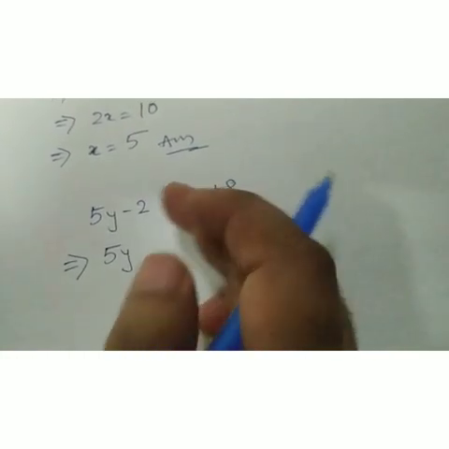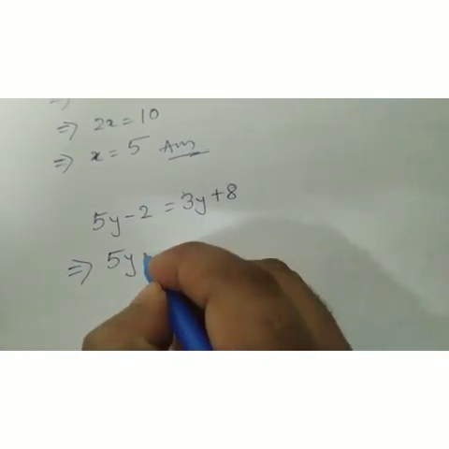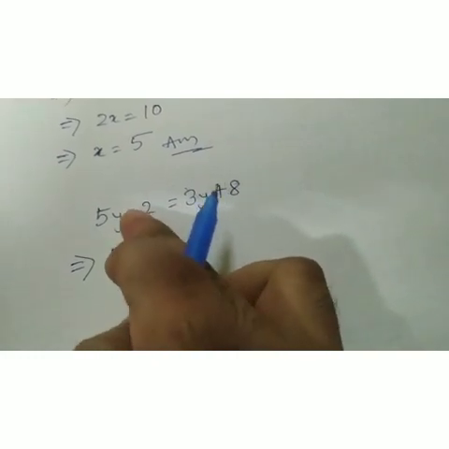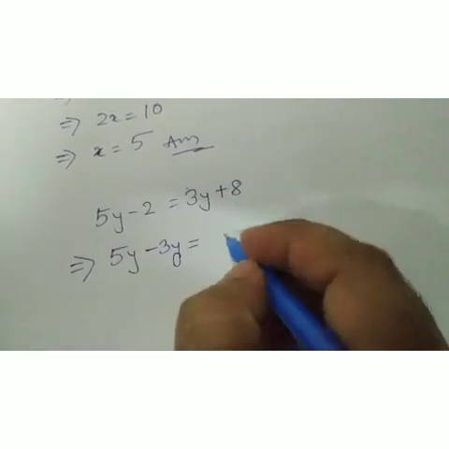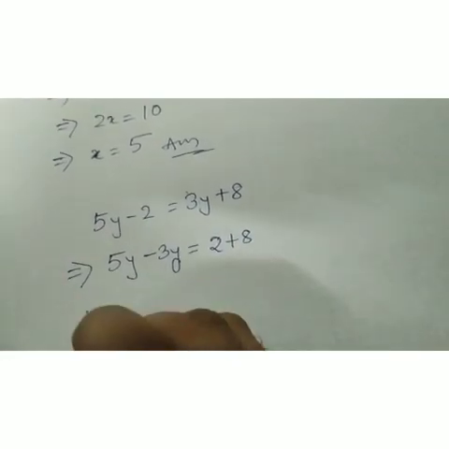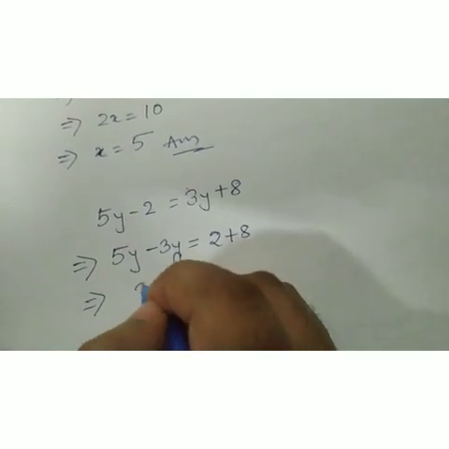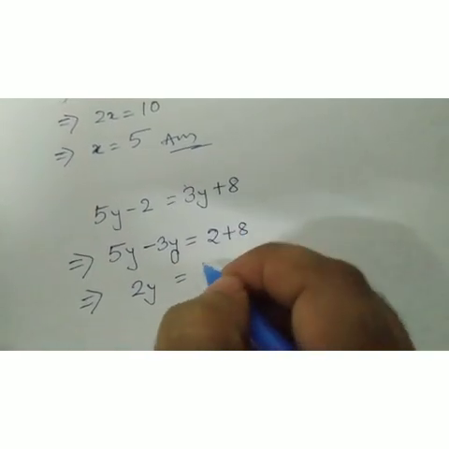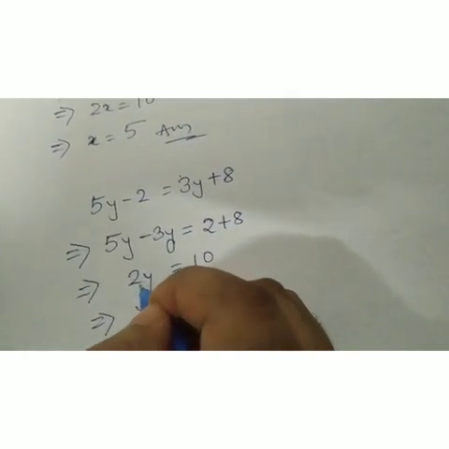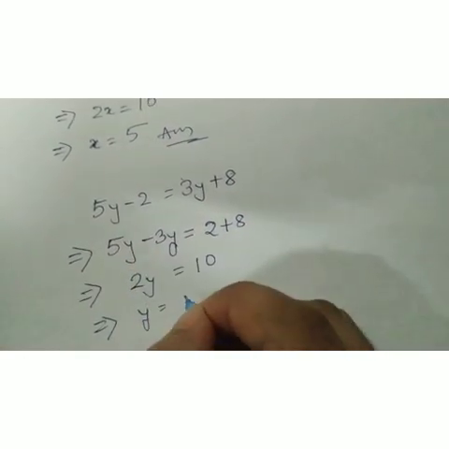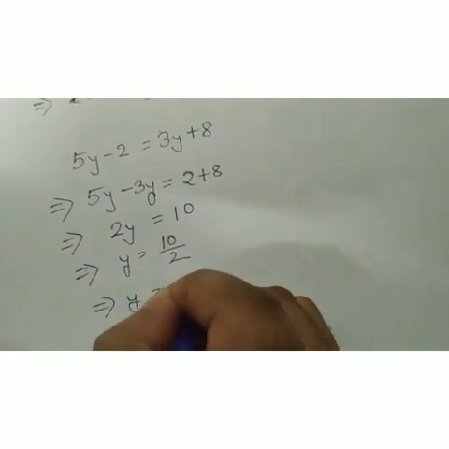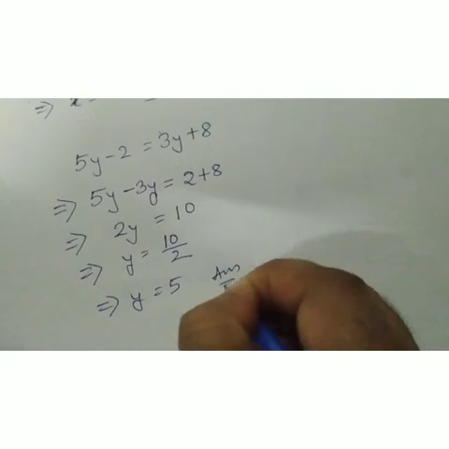So this plus 3y, if we shift to the left side, becomes minus 3y, and minus 2, if we shift to the right side, will become plus 2. So 5y minus 3y is 2y equals 2 plus 8, which is 10. Now this is in multiple form, so if we shift this 2 it will be divide: 10 divided by 2, or y equals 5. So this is my answer.